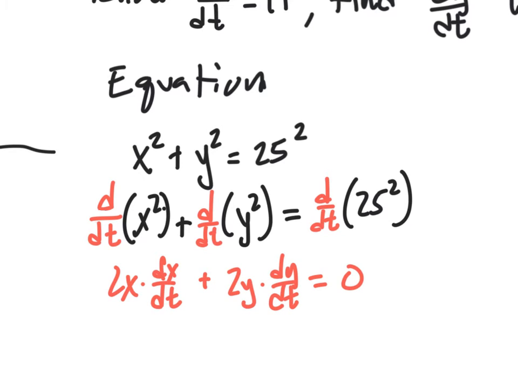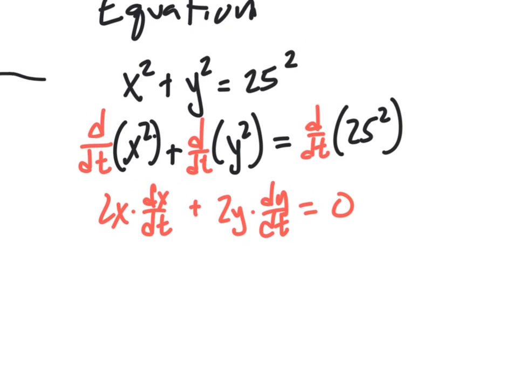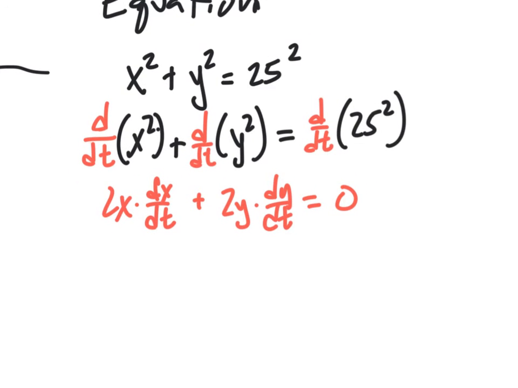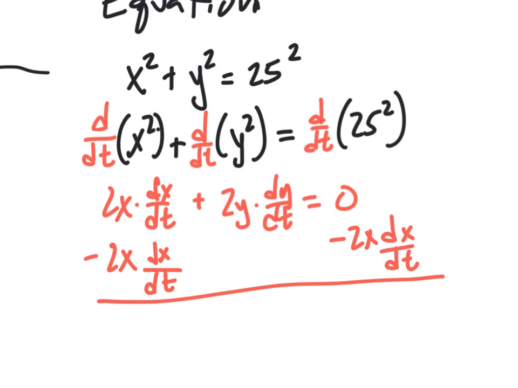So we want to solve for dy/dt. I'm going to move everything over and solve this equation for dy/dt. I'm going to subtract 2x dx/dt from both sides, and as a result I get 2y dy/dt is equal to negative 2x times dx/dt.